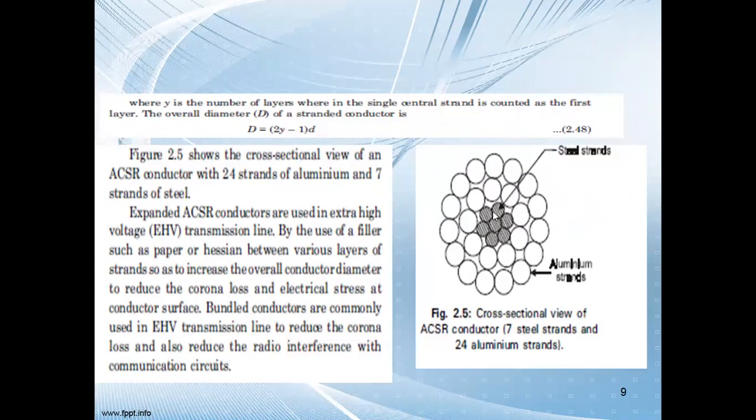Normally the steel strands will be at the center. So you see 1, and surrounding we have 6, so total it is 7. So there are 7 steel strands and 24 aluminum strands. Together, this is the cross-sectional view of an ACSR conductor.